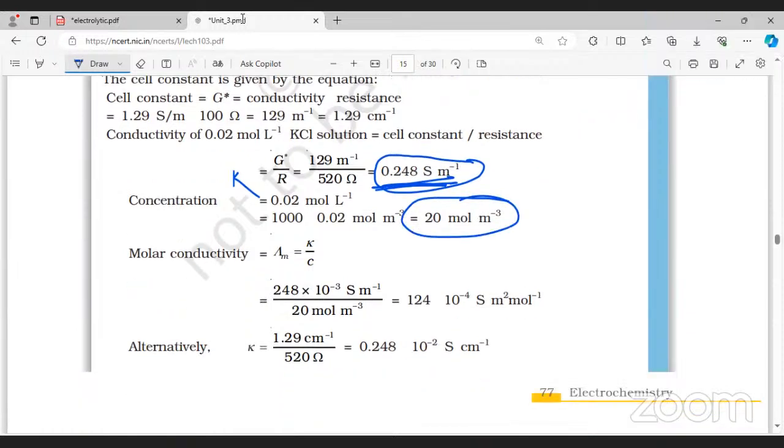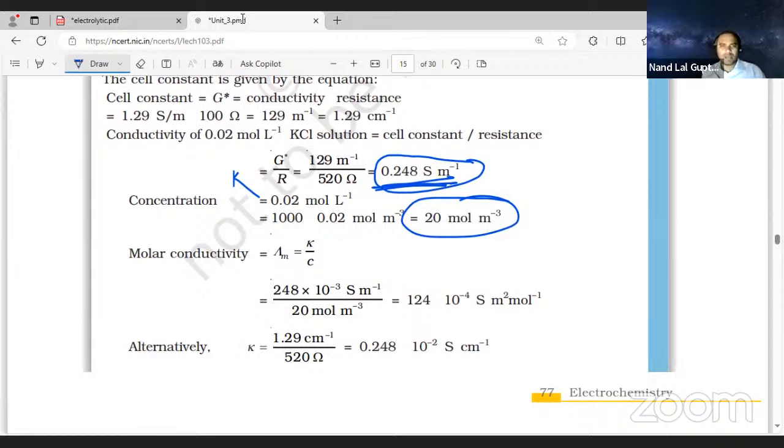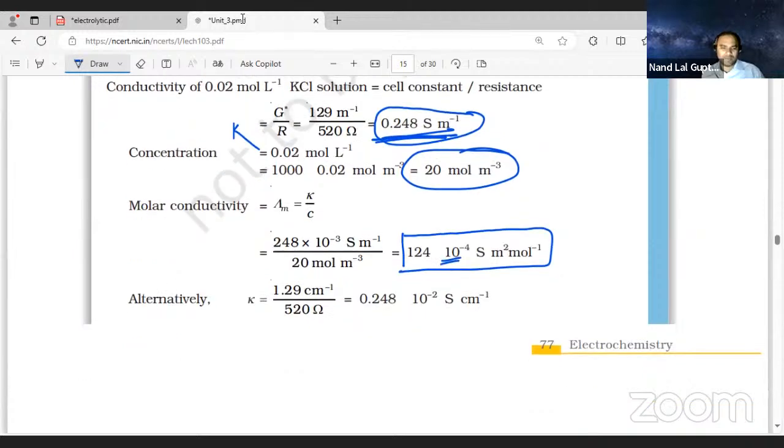Lambda m value, you see, in terms of 124 into 10 power minus 4. Here the power has a little bit of error, because we calculated 0.0124. The power is correct only.